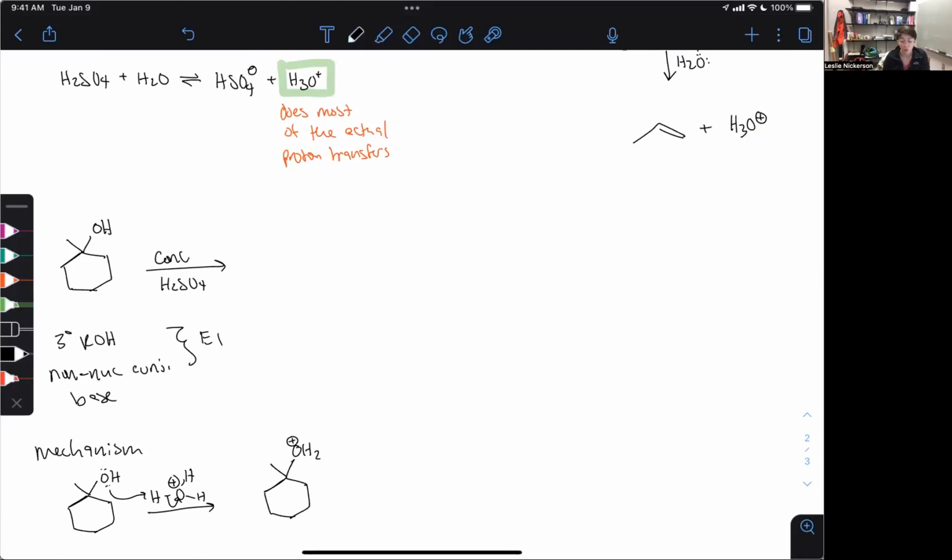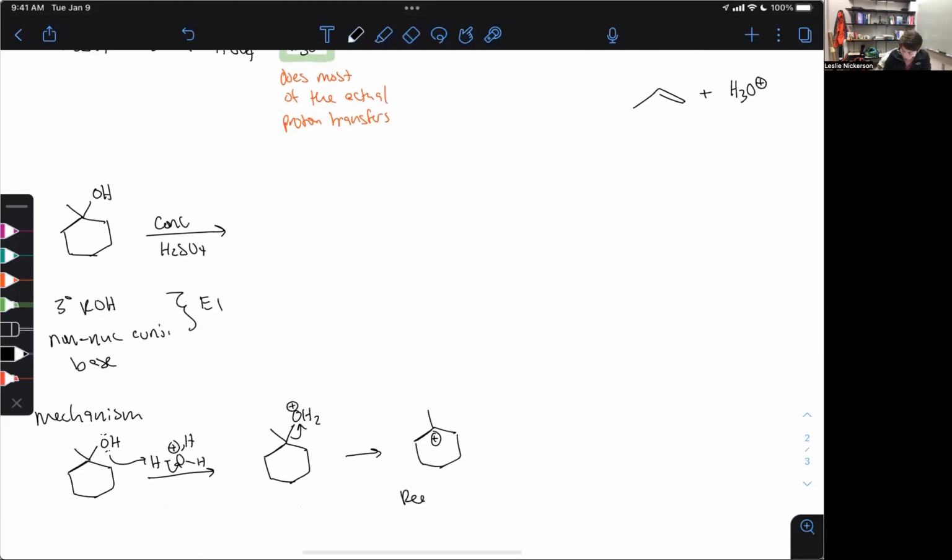Okay, and now we're ready to form our carbocation, so we can have the leaving group leave. And now I've got a nice stable carbocation. I look for any rearrangements possible. In this case, again, there's no rearrangement because I've got a tertiary carbocation already, and just secondary options on the other sides, or primary, are all worse.